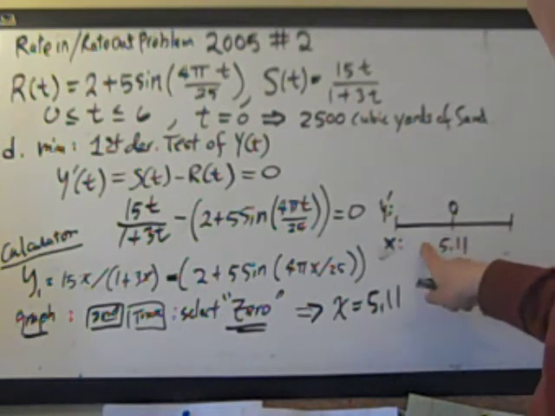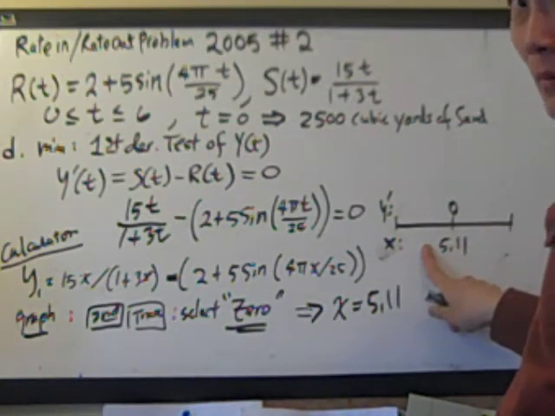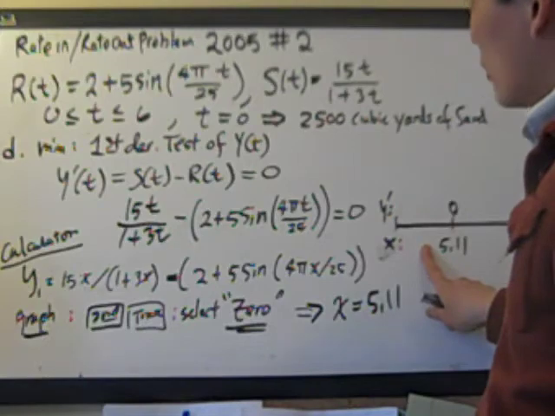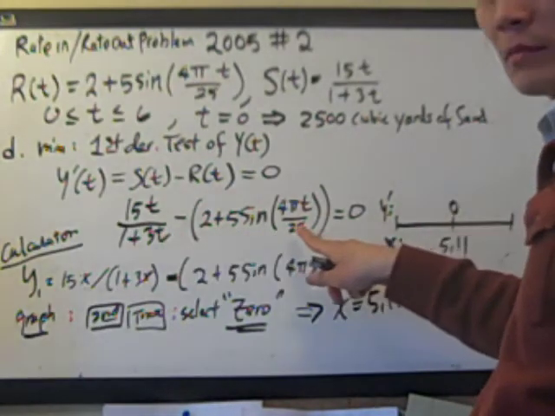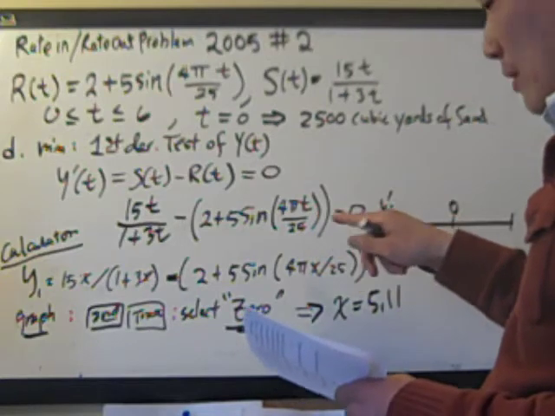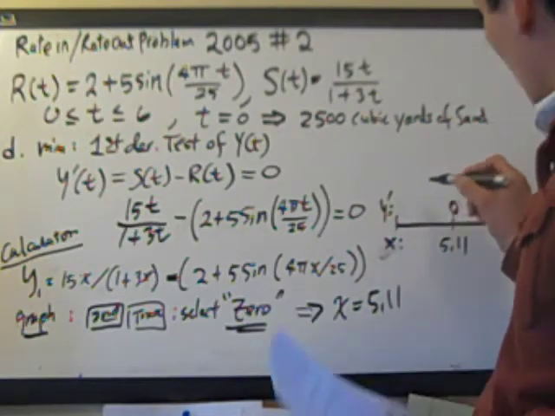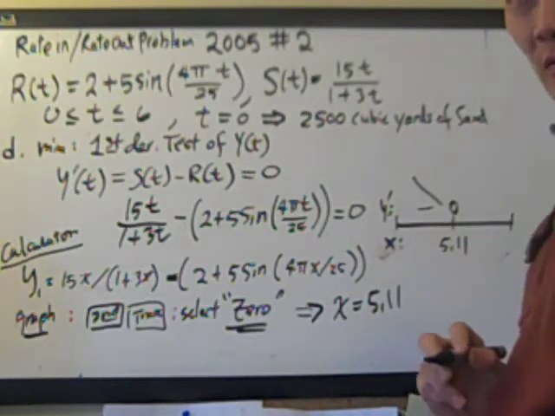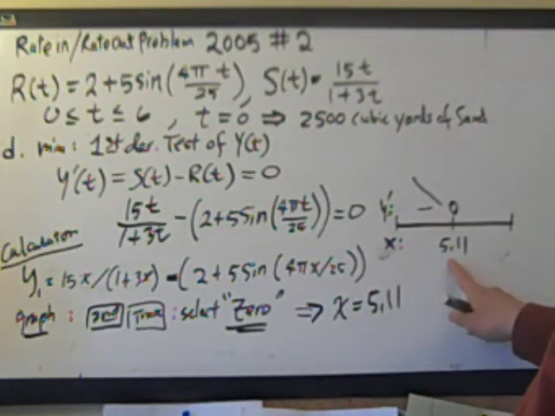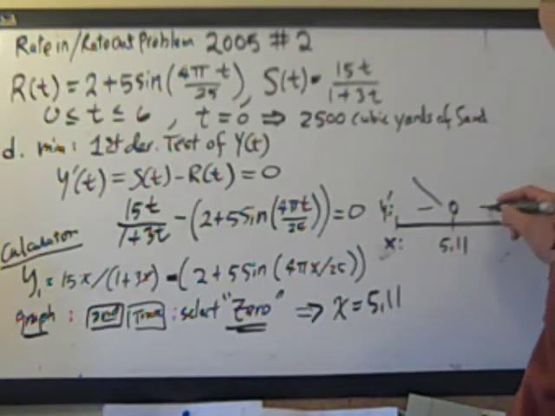You take a value smaller than 5.11, maybe 1, and put it into y prime, and you should get a negative value. It comes down this way. And you take a value that's bigger than 5.11, maybe 5.5, and you should get a positive value.